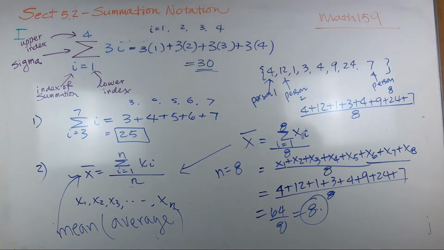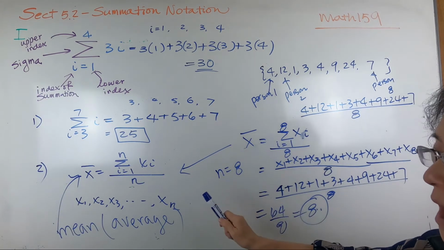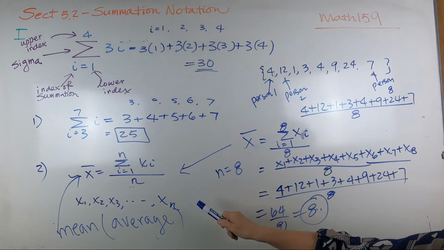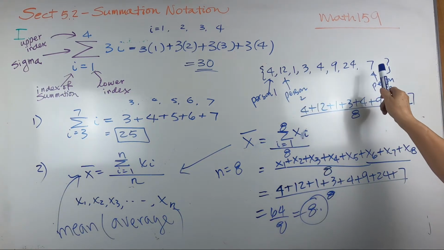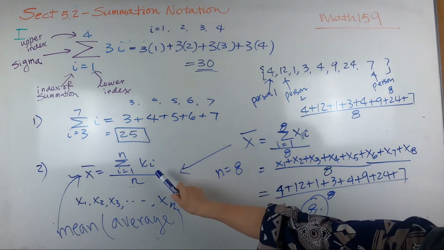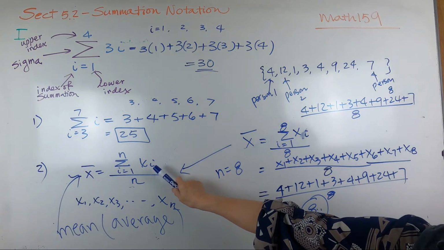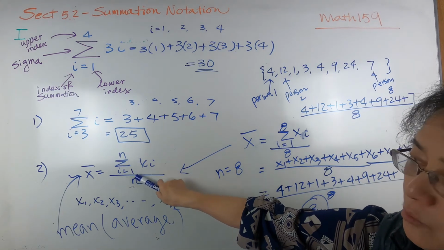So what we want you to learn is, we'll give you a formula. Then how do you relate those symbols to actual data and actual meaning of the things you are working with? Then you get a result, average. We are learning first the summation notation for sigma from 1 to n, 1 to 8.